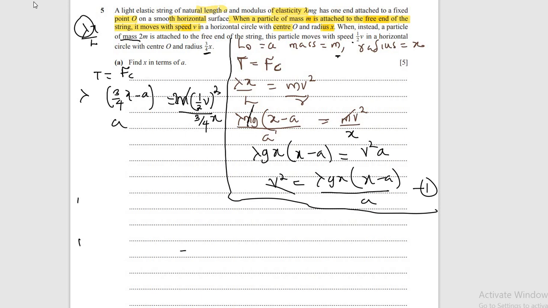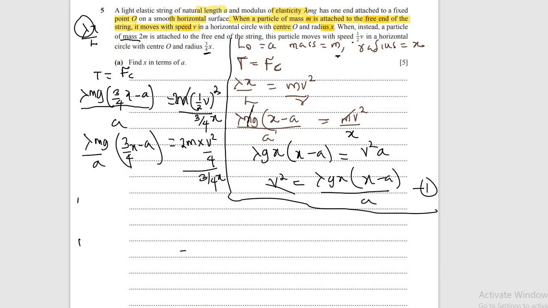Lambda mg, that's tension, all over a. So which can be written as lambda mg over a, bracket 3 over 4x minus a, is equal to, this one is 2m, v squared over 4, all over 3 over 4x.